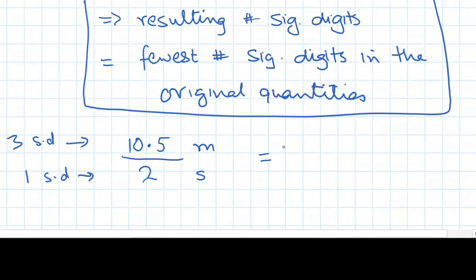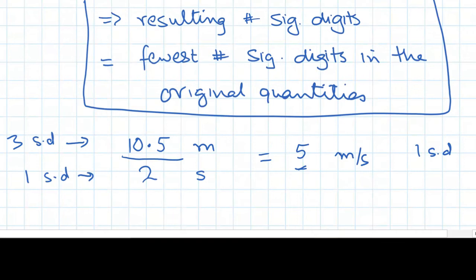The result will have how many significant digits? Even though if you did the full division it says 5.25, these digits are not reliable. The 25 has uncertainty. You can round it, but 5 meters per second is only one significant digit, because of the imperfections in our measurement.